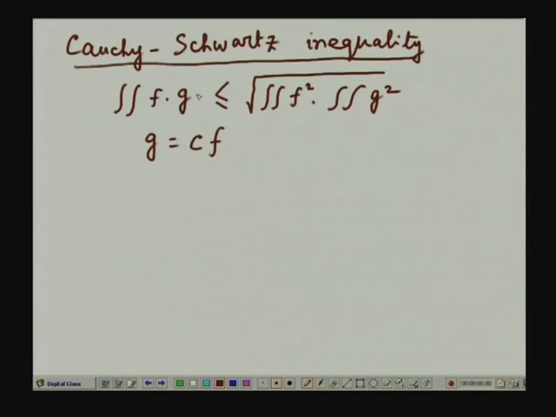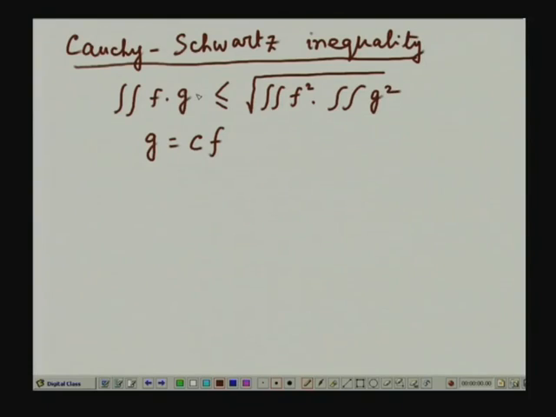So, this Cauchy-Schwarz inequality says that f into G double integration will be less than or equal to square root of double integration f square into double integration G square, and the left hand side and the right hand side will be equal whenever G is equal to C times f. Otherwise, left hand side will always be less than the right hand side.